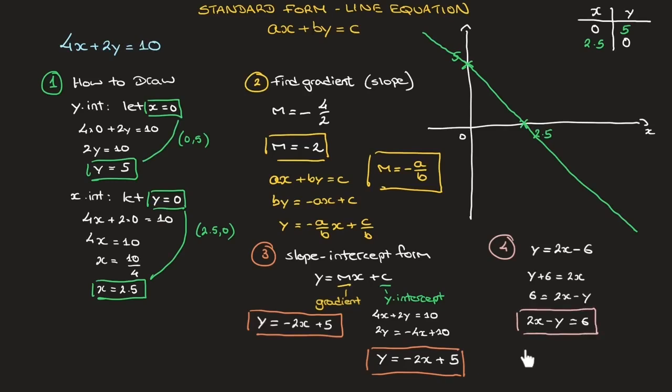And for the sake of it, let's go ahead and draw this line on our xy grid here. So remember, to do that, I can do a quick table of values. I'll do that at the top here. So we have our x and our y. And the first thing I do is let x equal 0 and calculate y. So if I do that at the bottom here, I'll say when x equals 0, our line equation becomes 2 times 0 minus y equals 6, which leads to negative y equals 6, which means y is equal to negative 6, which we can write in our table of values: when x equals 0, y equals negative 6.